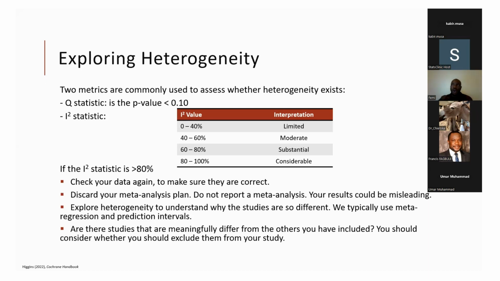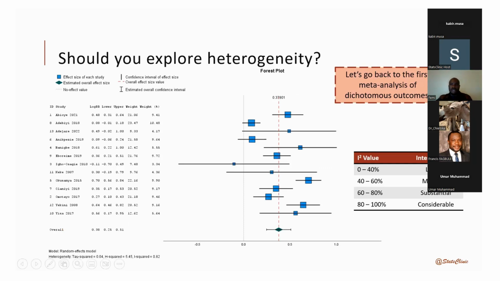So you have to always look at your heterogeneity and think about what could be responsible for it. Are there studies that are fundamentally different from the others that have been included? Then you should decide whether or not to exclude or include them in your study. For instance, if you have 6 studies and 5 of them are done in adults or the elderly, and 1 is done in under 5s, you may have considerable heterogeneity, and you should consider removing the one done in under 5s from your meta-analysis. Okay. All right.